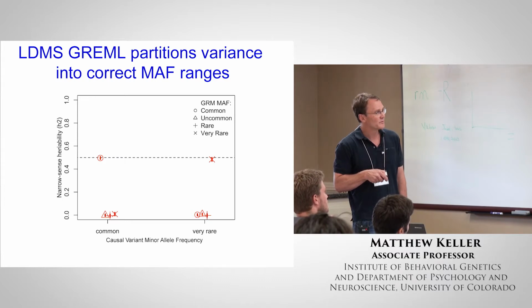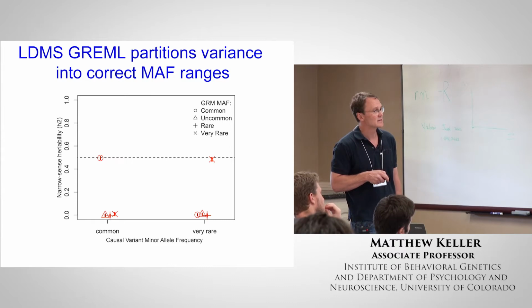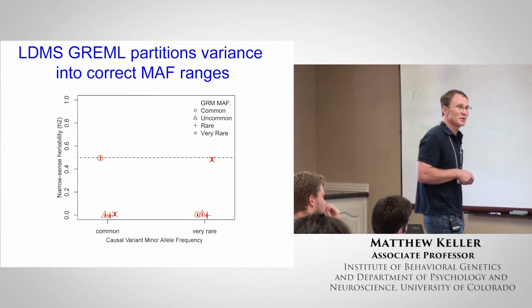And the same thing when we do it for very rare. For very rare, that bin is explaining most of it. You get some due to LD, which is why this is a little bit lower than exactly 0.5. But for the most part, we're able to understand that, okay, indeed, this phenotype is actually being caused by rare causal variance.